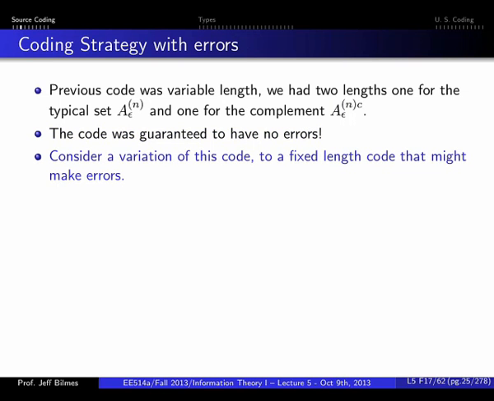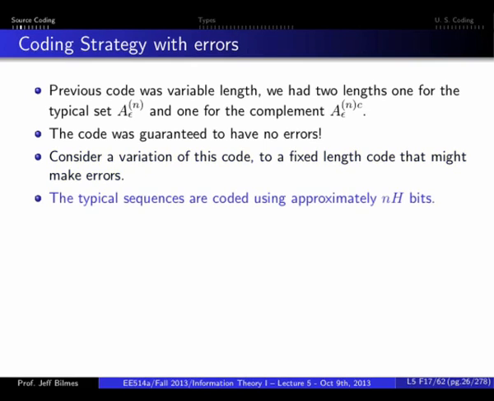And let's make a variation of this code and introduce errors. To say that, in fact, we're not going to bother with the atypical set. We're going to throw those code words away.